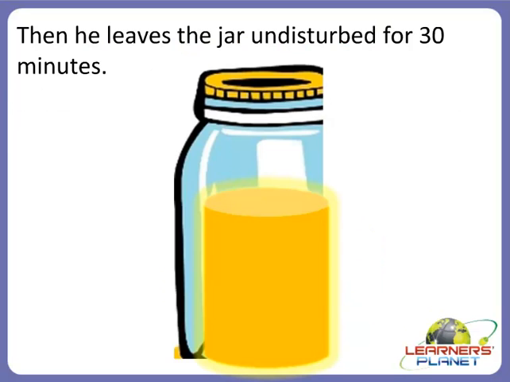Now, what he does, he leaves the jar undisturbed for 30 minutes. So here is a glass jar and he leaves the jar with the garden soil in it for 30 minutes.